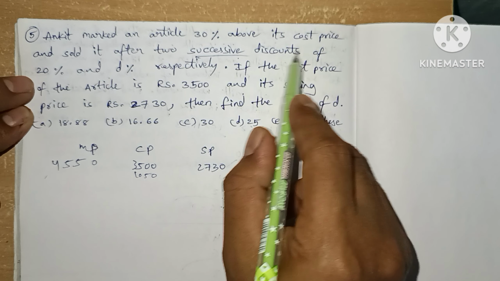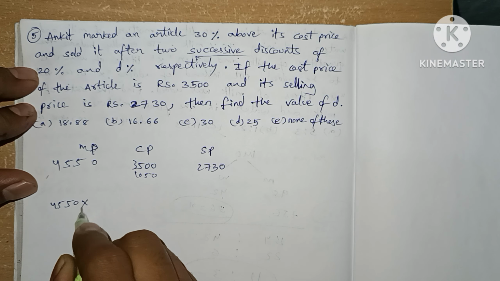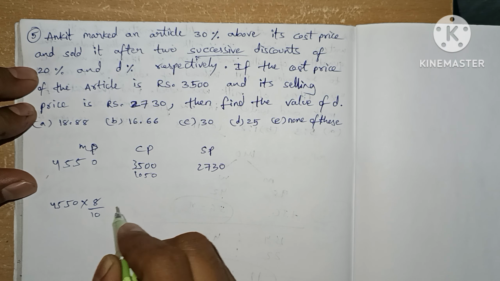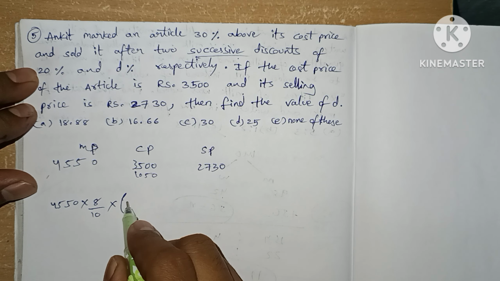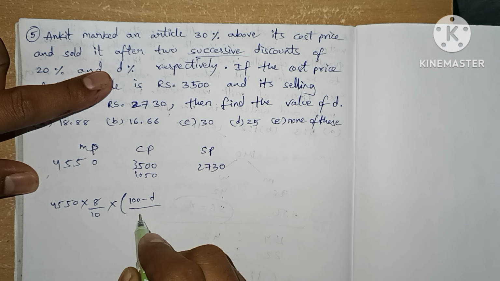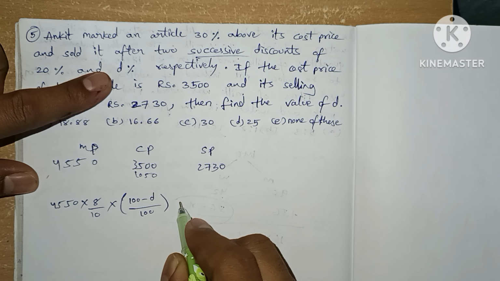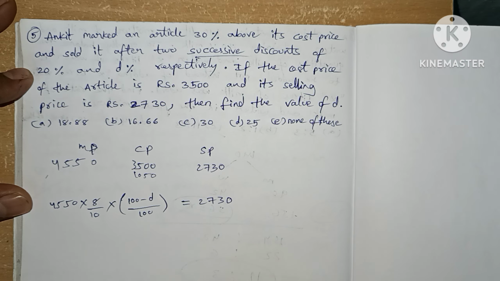First he gave a discount of 20%, means he is left with 80%, means 8 by 10. Then D percent means 100 minus D divided by 100, whole equals the selling price 2730.